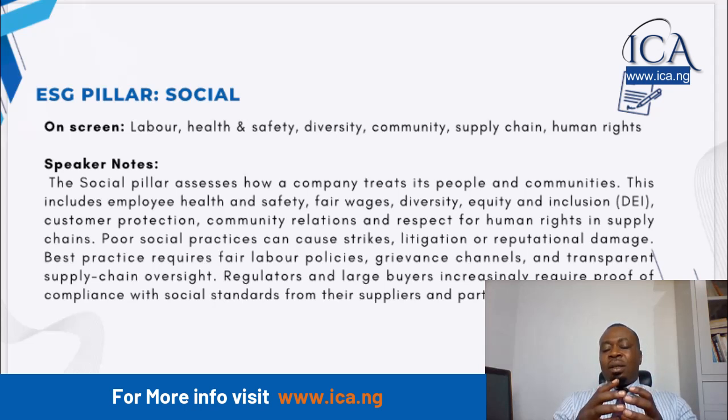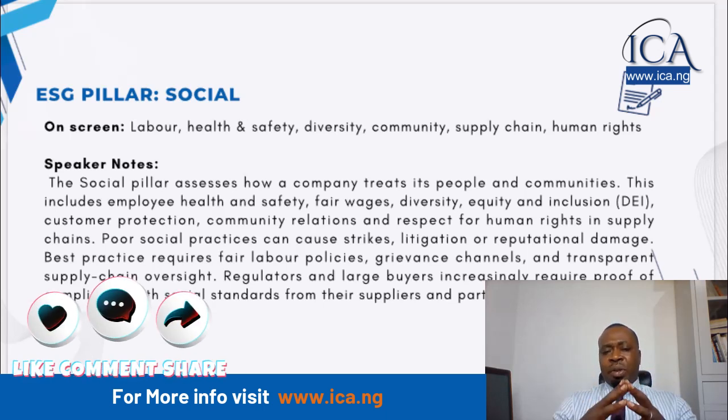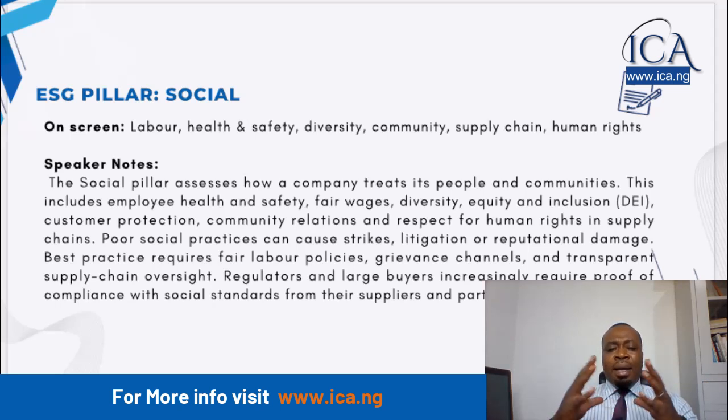All these have to be looked into by any business that wants to be taken seriously. And poor social practices that can cause a strike, litigation, or reputational damage should not be tolerated in whatever form or guise.